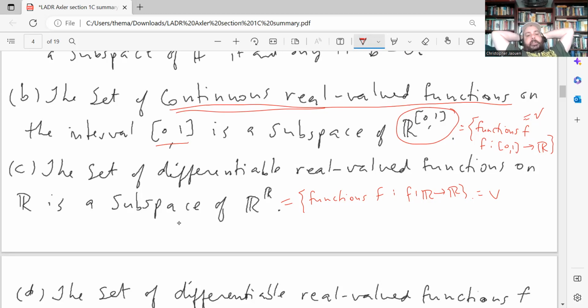And also the set of differentiable functions are closed under addition and scalar multiplication, which you learned in Calc 1, so that is a subspace.